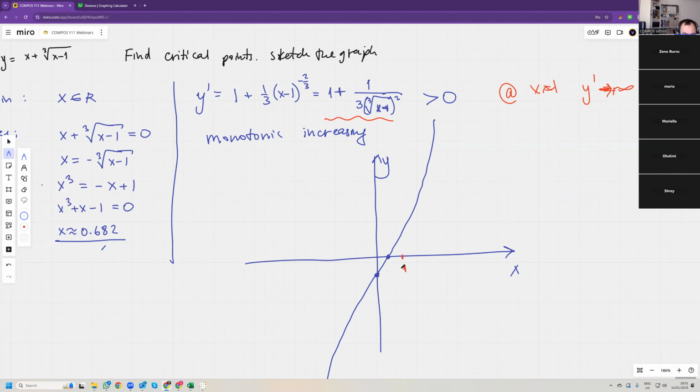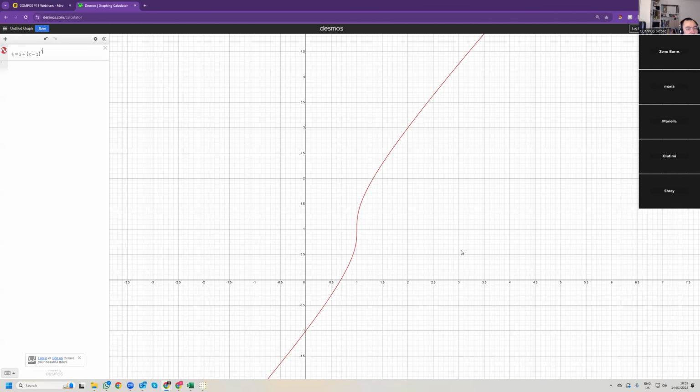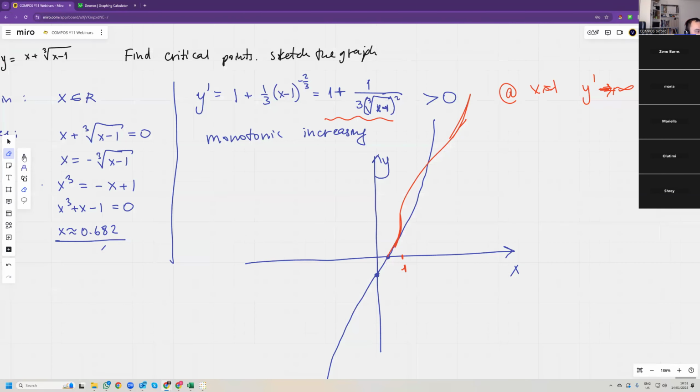So when it is 1, it's going to go infinite, and then again like this. So slightly different from what I expected. And it's bending down. Interestingly, it is bending down. So I was quite off.